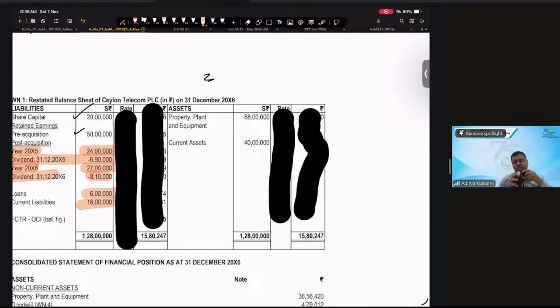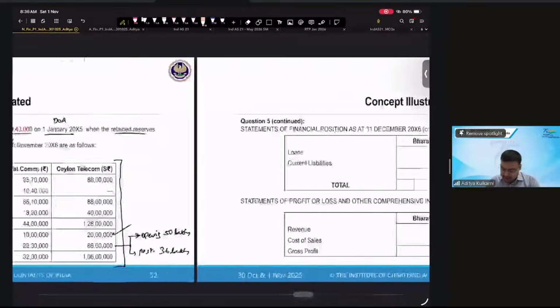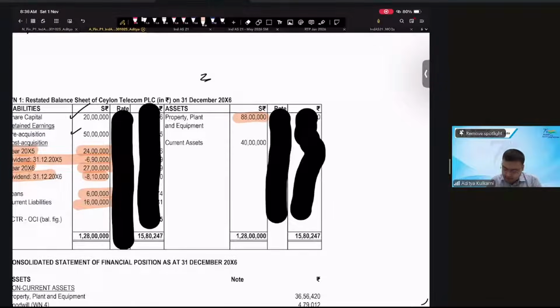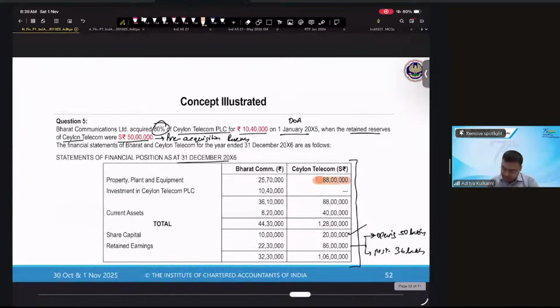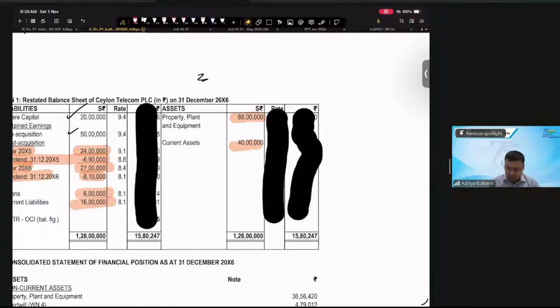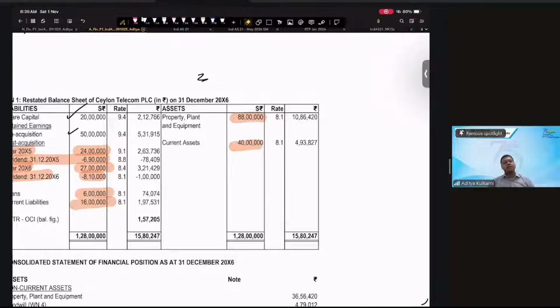Yes. Now we move on to asset side. Asset side, there is hardly anything. 88 lakhs property, plant and equipment, and current assets 40 lakhs. Is it okay? Yes. I have captured the Sri Lankan trial balance fully. Now we move on to conversion.